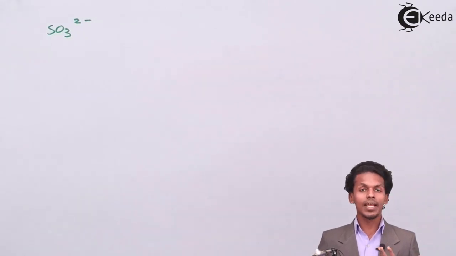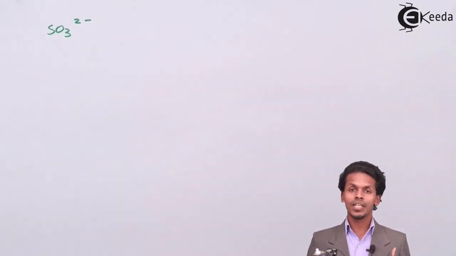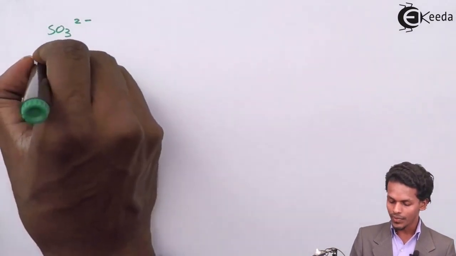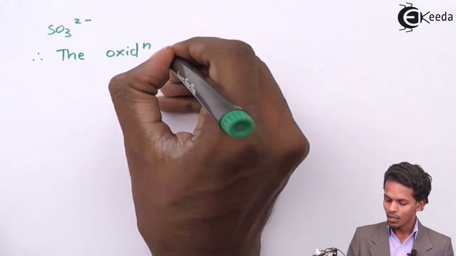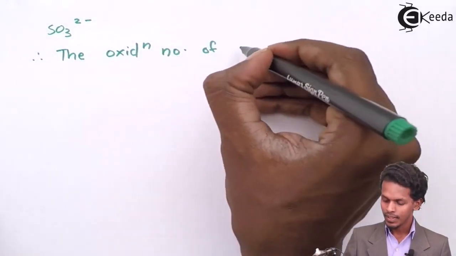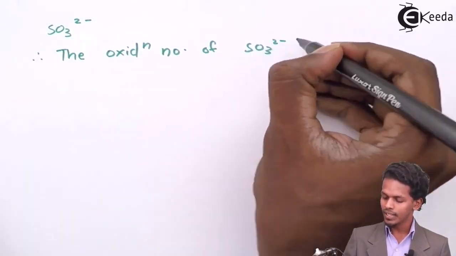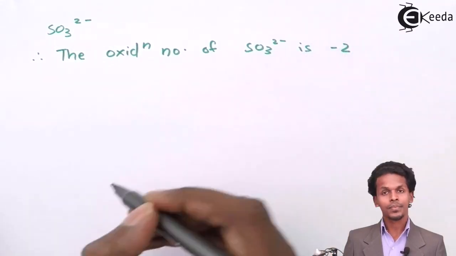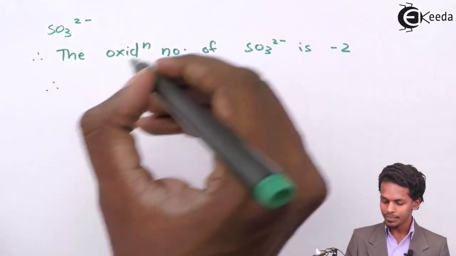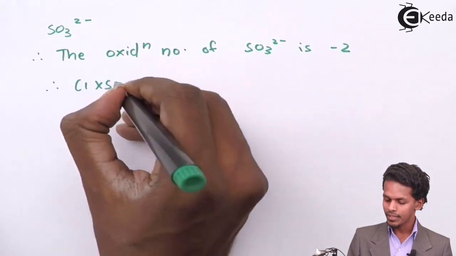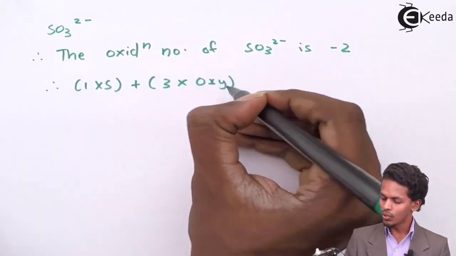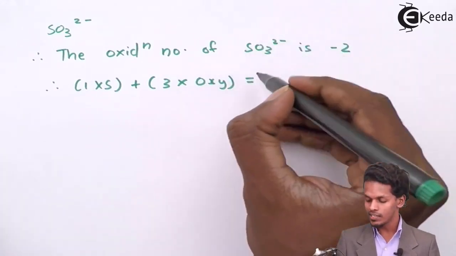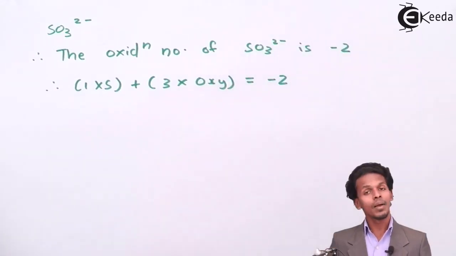So now we are going to calculate the oxidation number of sulfur. First of all, we could write the oxidation number of SO3 2 minus is -2. Therefore, this can be written as 1 into S plus 3 into oxy, and the overall charge present in this molecule is 2 minus. I could write it as -2.